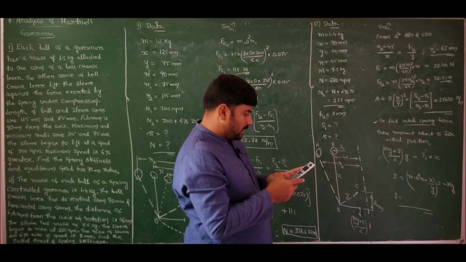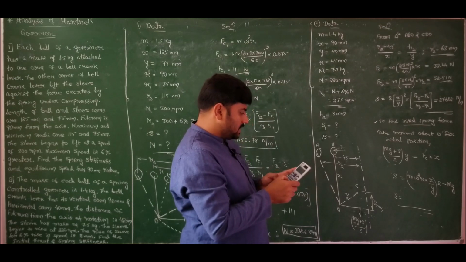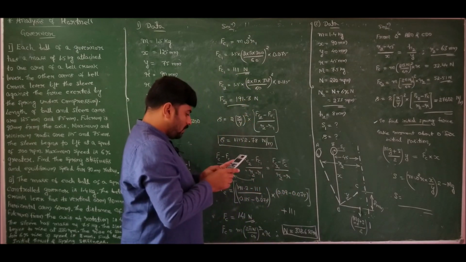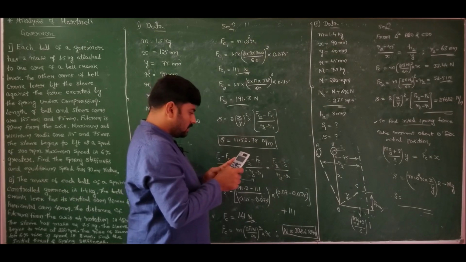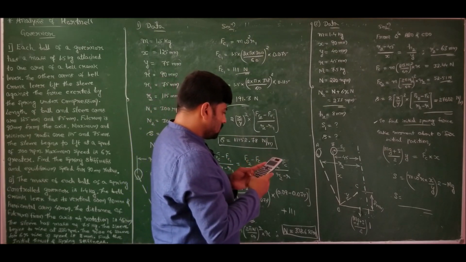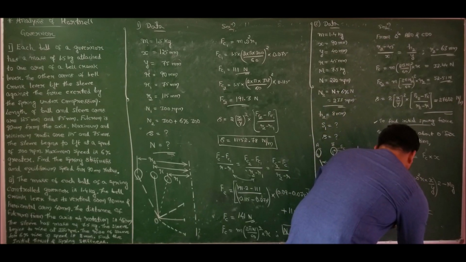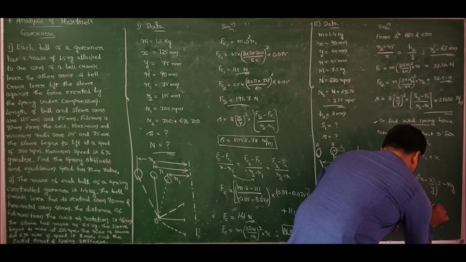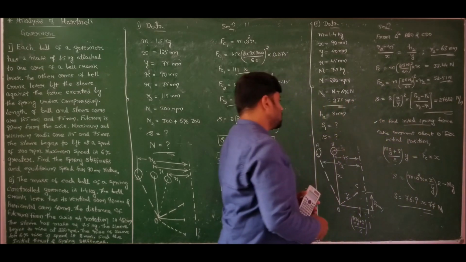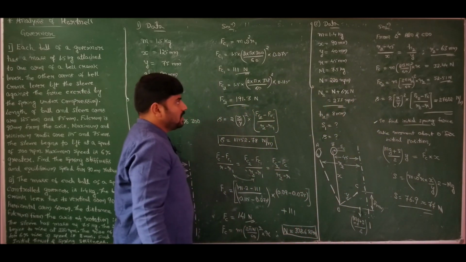This must be multiplied by 2 minus mg. Capital M is 7.5, g is 9.81. If I solve, I am getting the initial thrust as 76.9, nearly equal to 77 newtons. So the initial thrust is 77 newtons.